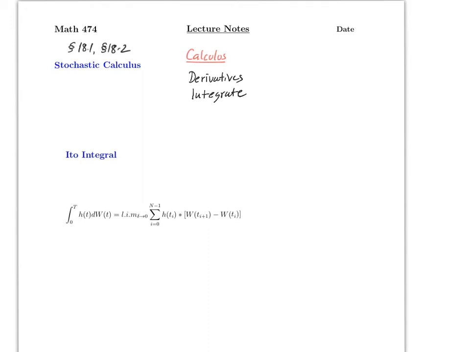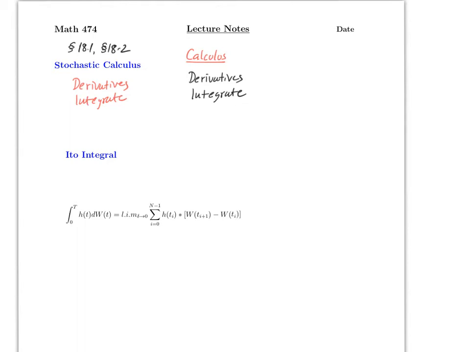Well, in stochastic calculus, we're going to do pretty much the same thing, derivatives. We're also going to integrate. And all the rules and properties from regular calculus are still going to apply, but there will be some differences. That's why this has a different name. And that's what we're going to learn in 18.1 and 18.2.